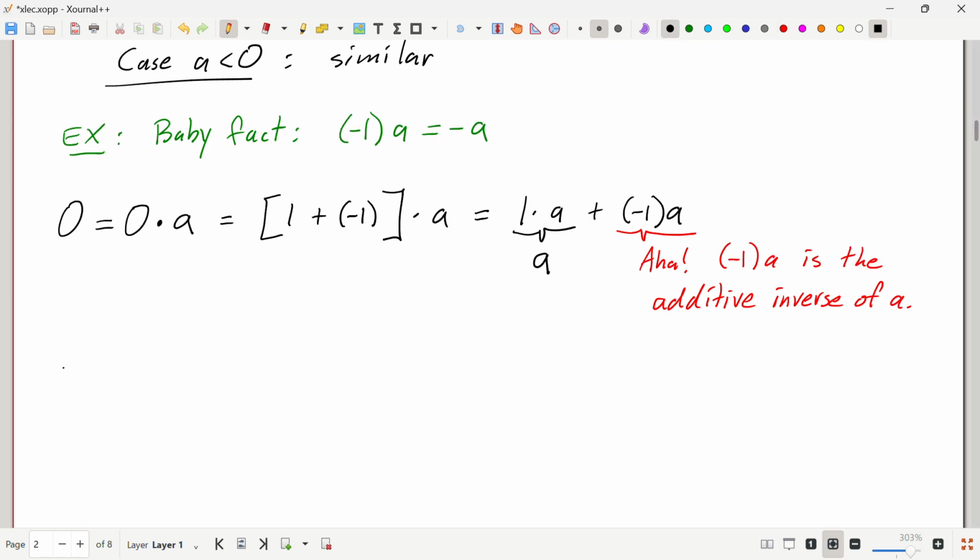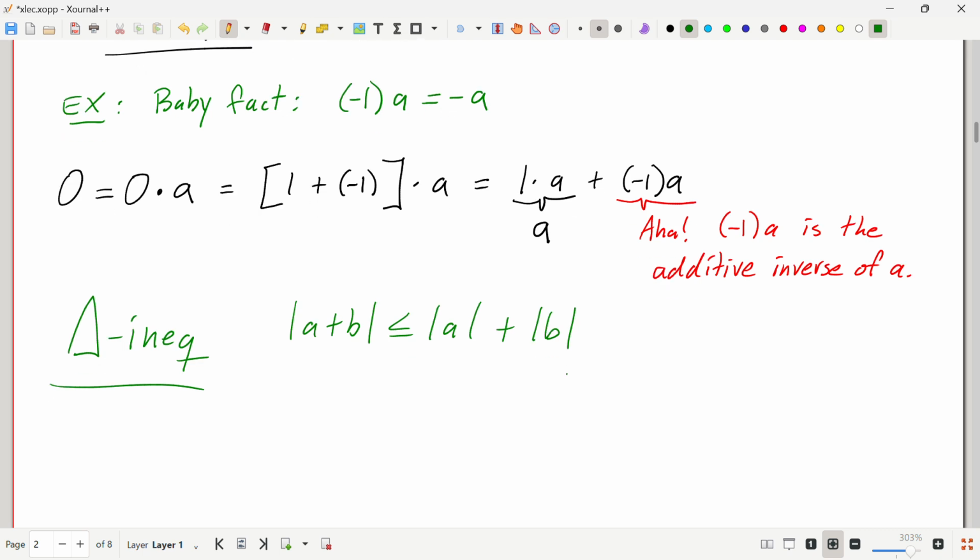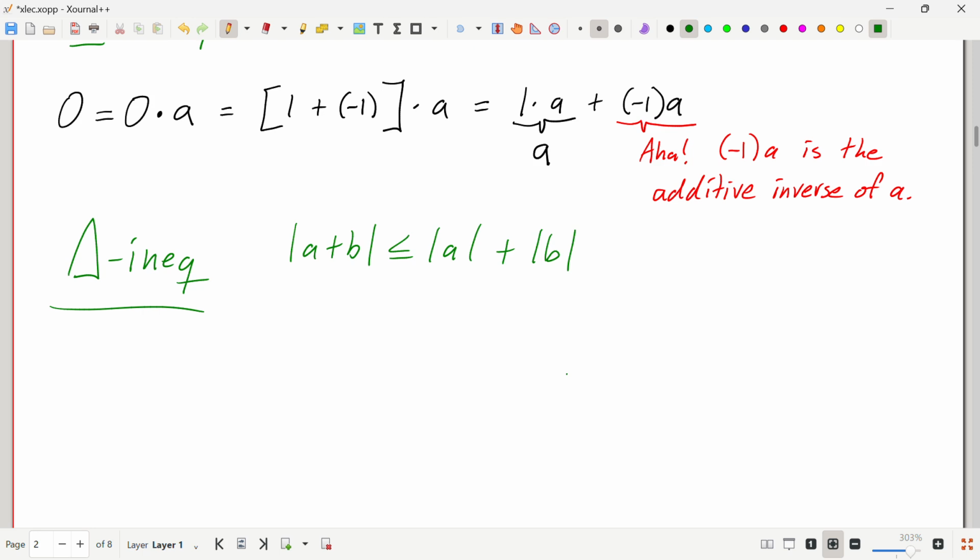So, the triangle inequality. I'm going to demonstrate it today. It's fairly straightforward. It's the absolute value of a plus b is less than or equal to the absolute value of a plus the absolute value of b. That's true for complex numbers too, with the modulus. You probably learned that somewhere. And let's see why that's the case.